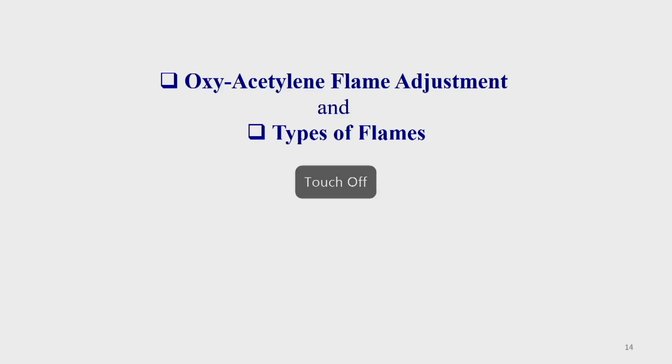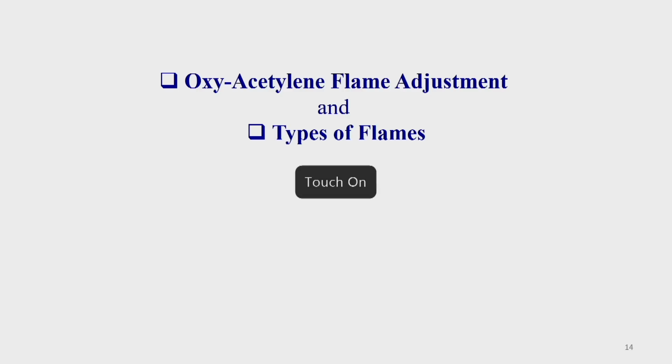Now we will discuss what different types of flame are generated due to this oxyacetylene combustion, as well as how the oxyacetylene flame adjustment is done. By adjusting the oxygen to acetylene ratio, you can control the characteristics of the flame.